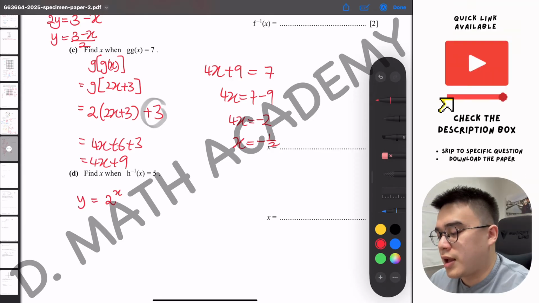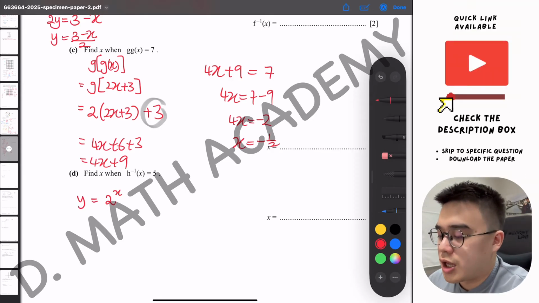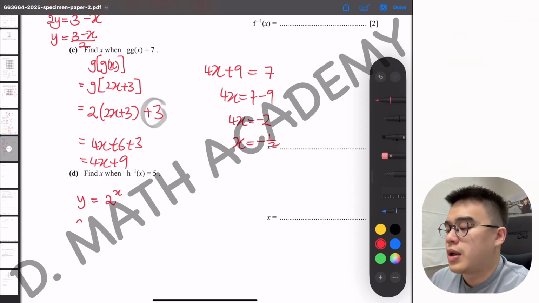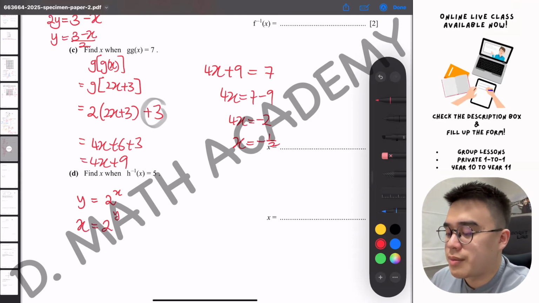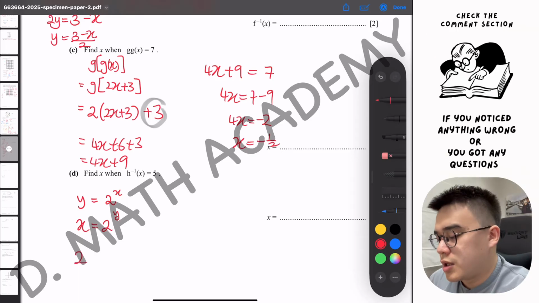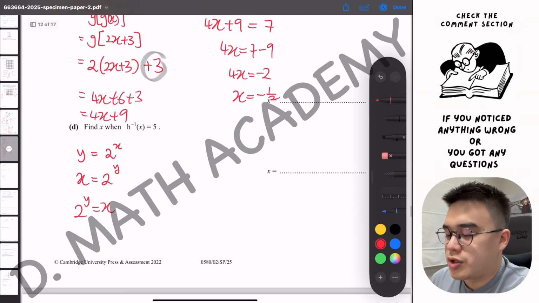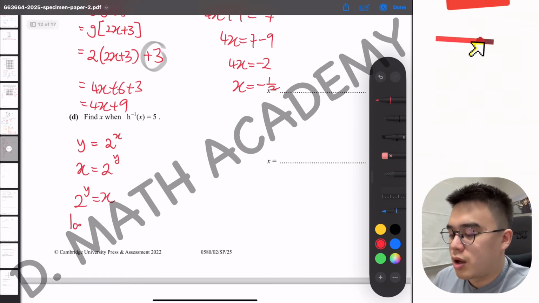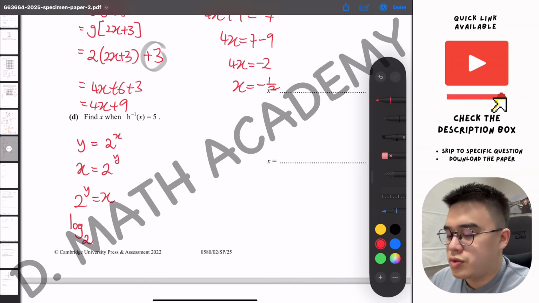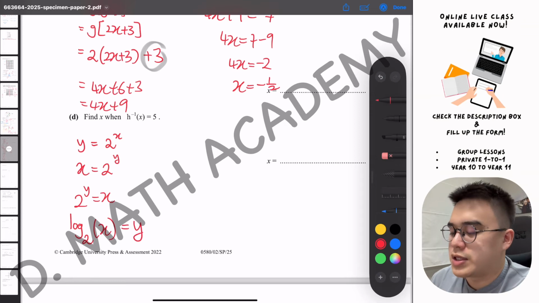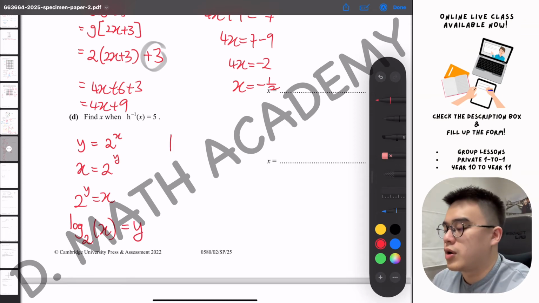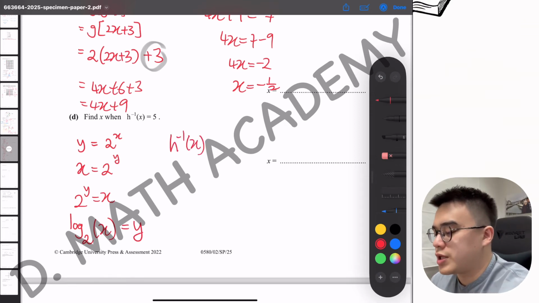So again, I wrote down the original h equation. I swap them up and rearrange and make y the subject. The y can be made the subject using a concept called log. Base is 2, result is x, and the y is the power that we are looking for. So this is how you generate it.